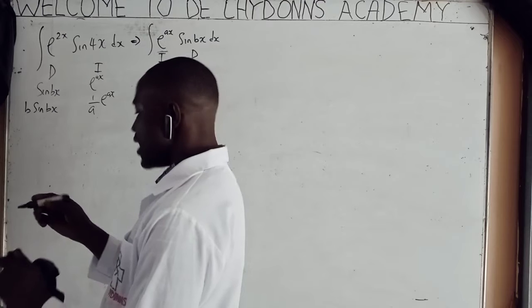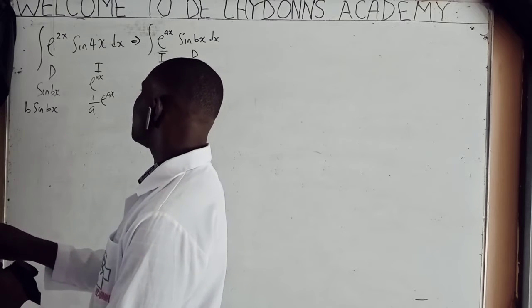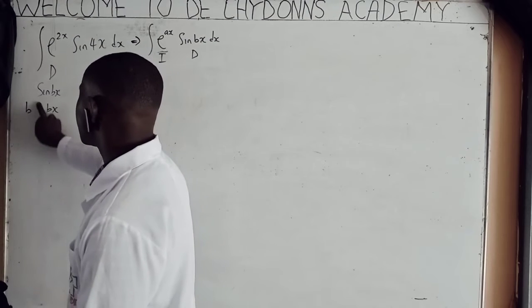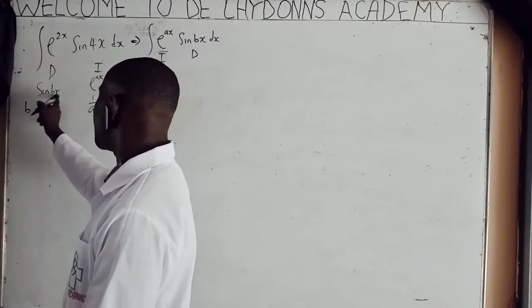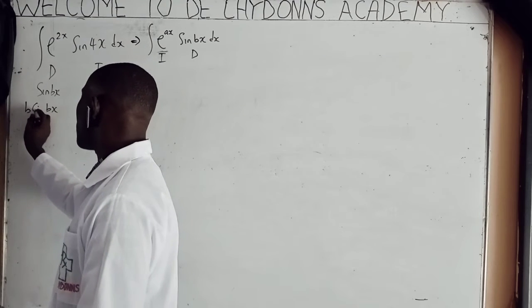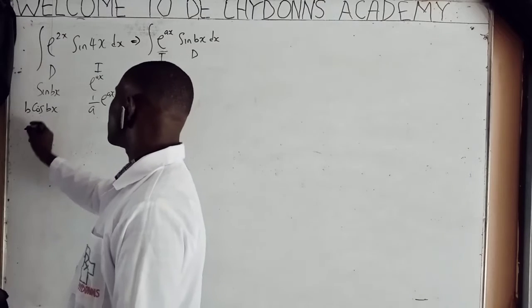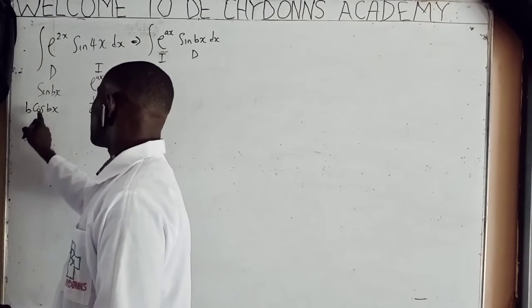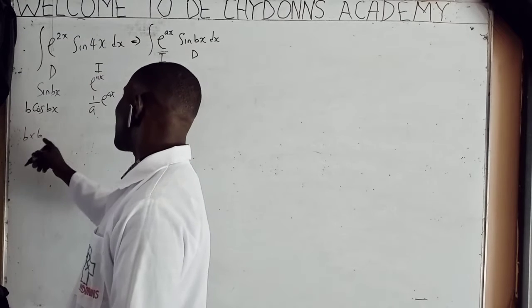Okay? Then you differentiate this again. Differentiate cos, please, not sine. Differentiate b as you say another b is what we get.